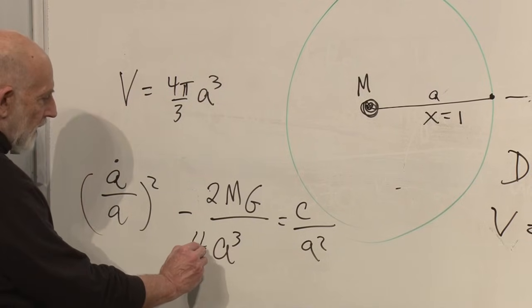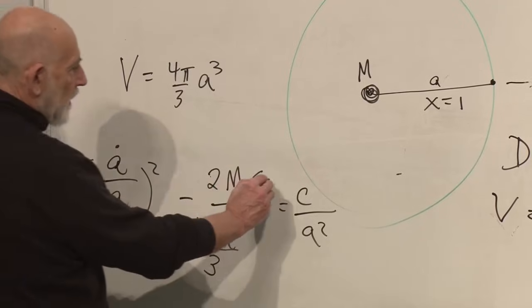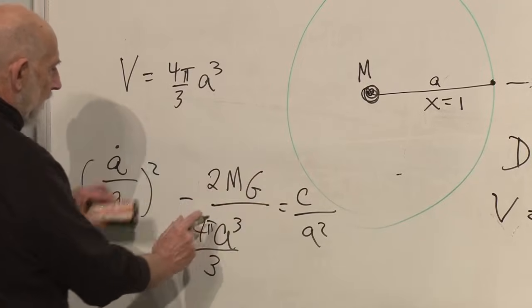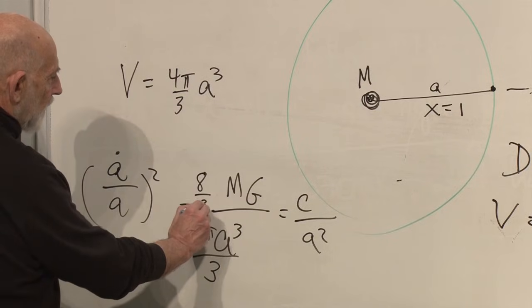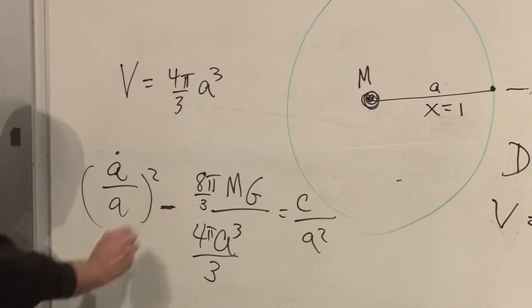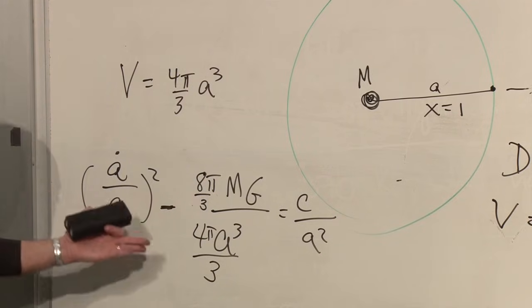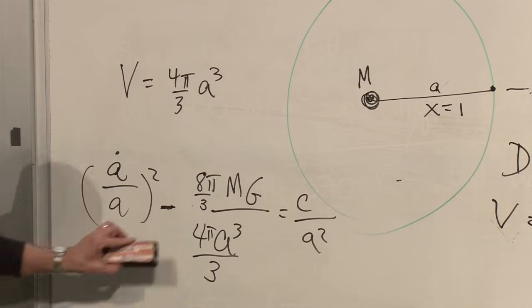So this is 4 pi over 3. And we have to multiply out here by 4/3 pi. That becomes 8/3 pi. That's where our 8/3 pi came from. Okay, 4/3 pi A cubed over 3, that is the volume of the sphere.